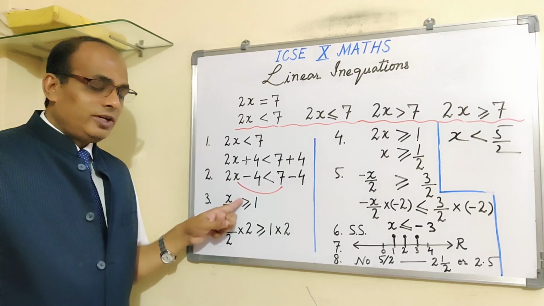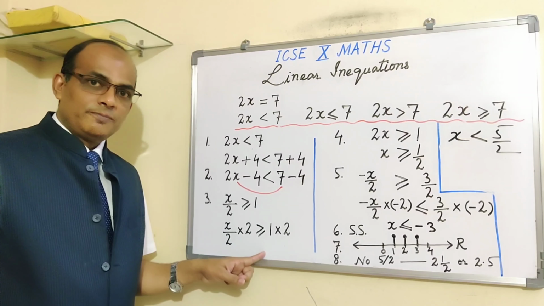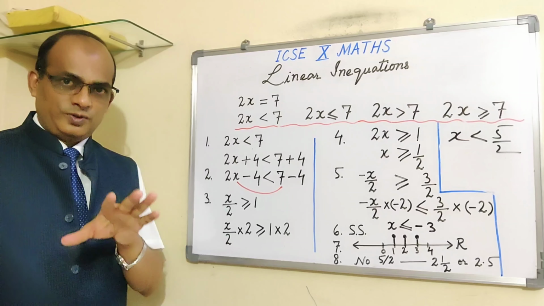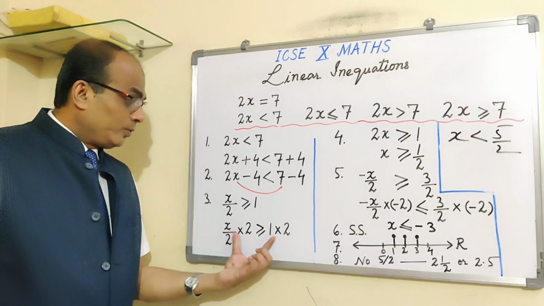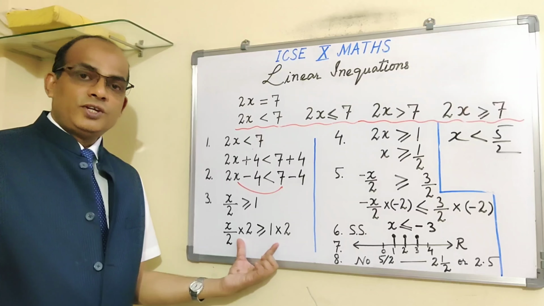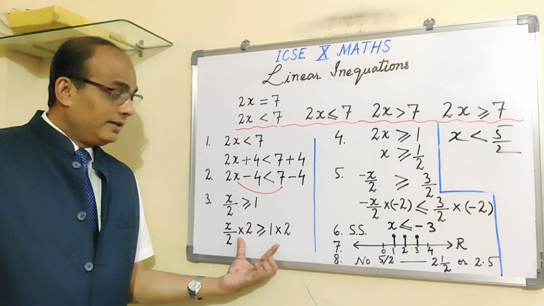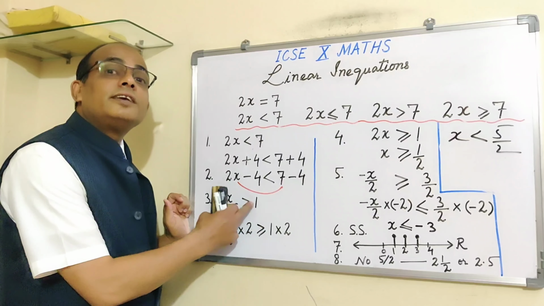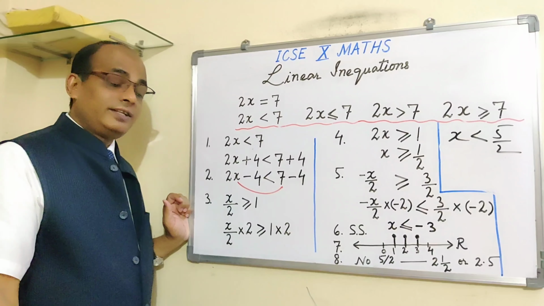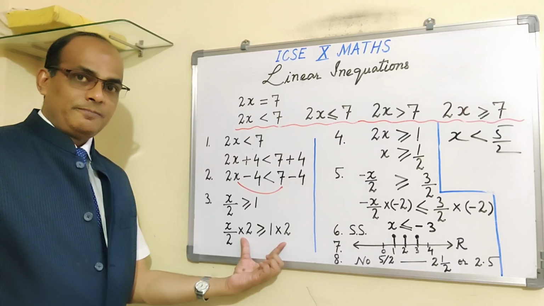Is greater than or equal to remains the same, unchanged. So the rule is: if you multiply both sides of the inequation by the same positive number, then the inequality remains the same. It does not change.